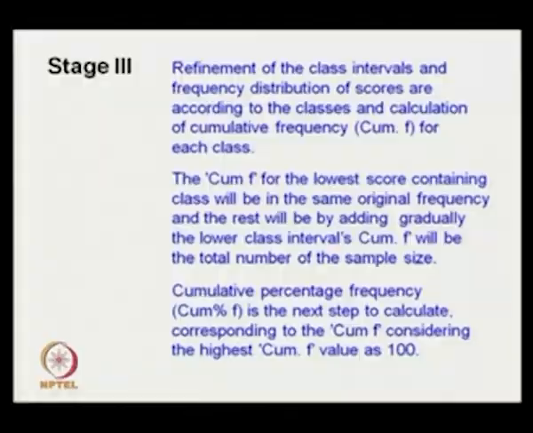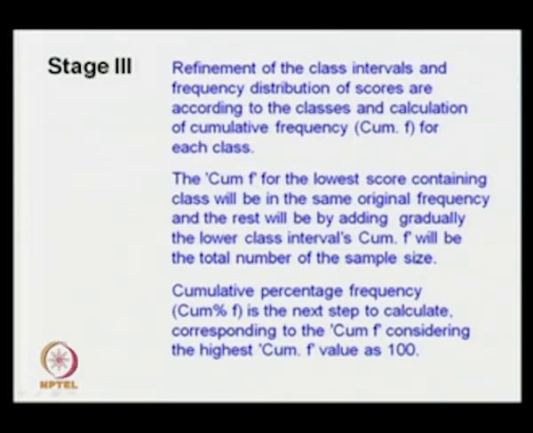Now, stage number 3, refinement of the class intervals. This is the refinement of the class intervals and the frequency distribution of scores according to the classes, and the calculation of cumulative frequency, that is CUMFA, for each class.